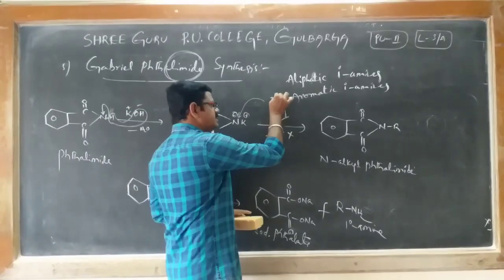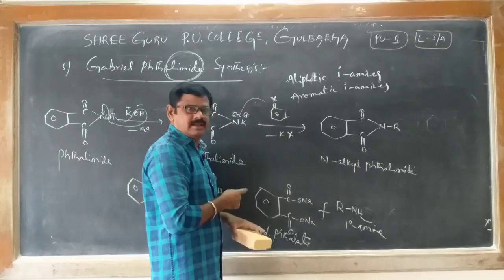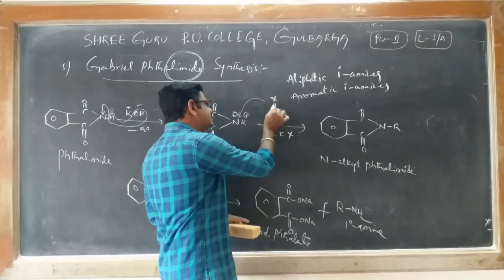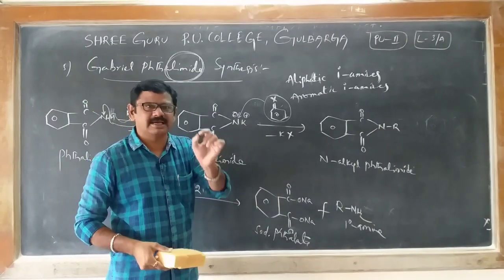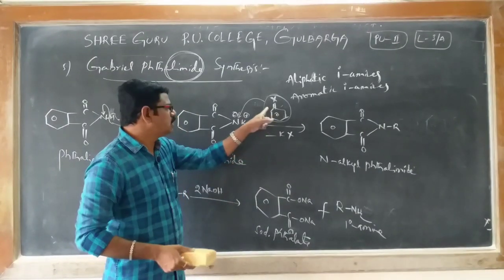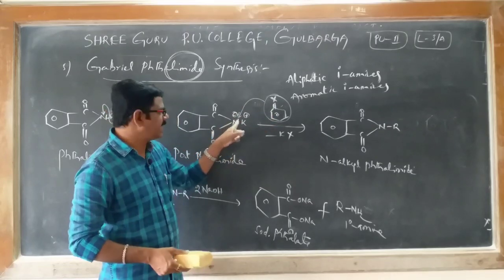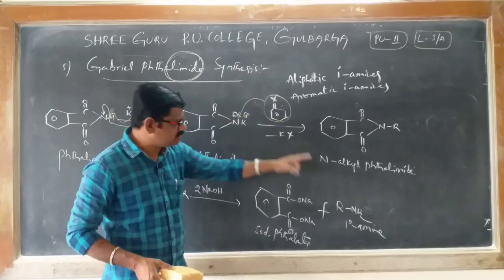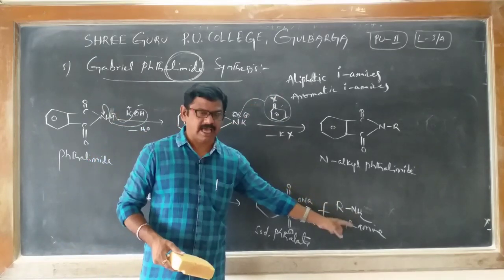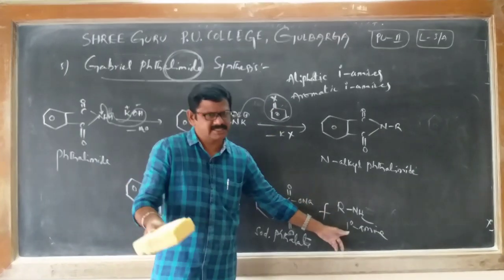Because of resonance between the halogen and this carbon, the bond will get double bond character. Because of that, this halobenzene does not participate in nucleophilic substitution. It does not come and get attacked by the nucleophile. Here nitrogen is acting as a nucleophile. I'll repeat: if you take halobenzene, you would get aryl amine, I mean aniline. There is no doubt in that.